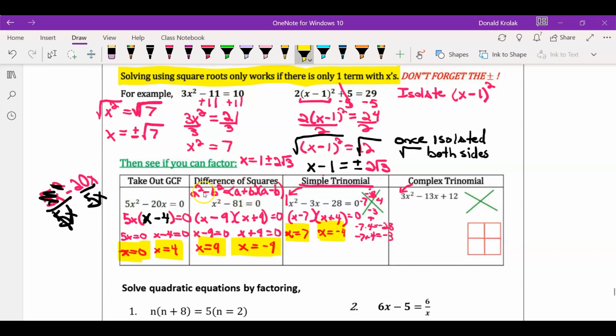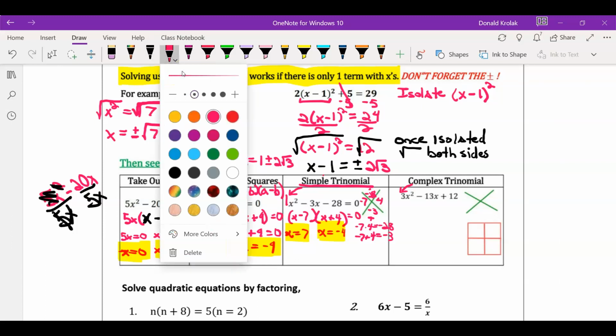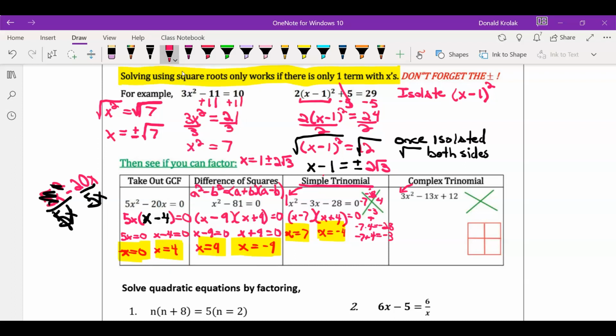All right, now to do the complex trinomial, we're looking for two numbers that multiply together. Am I going too fast? Okay, we're okay? Okay, so this is going to be 3 times 12 now, so that's 36.